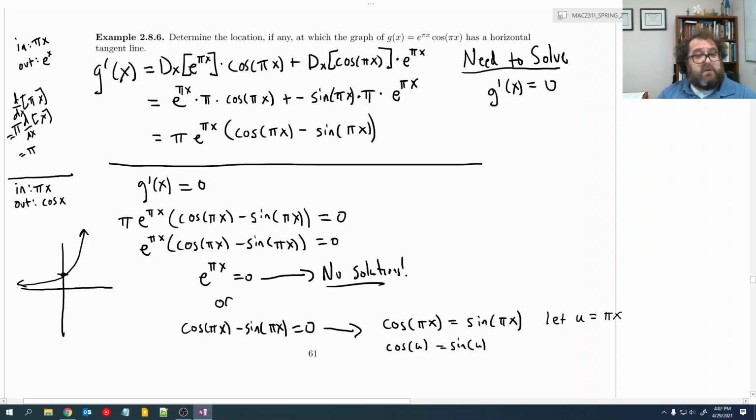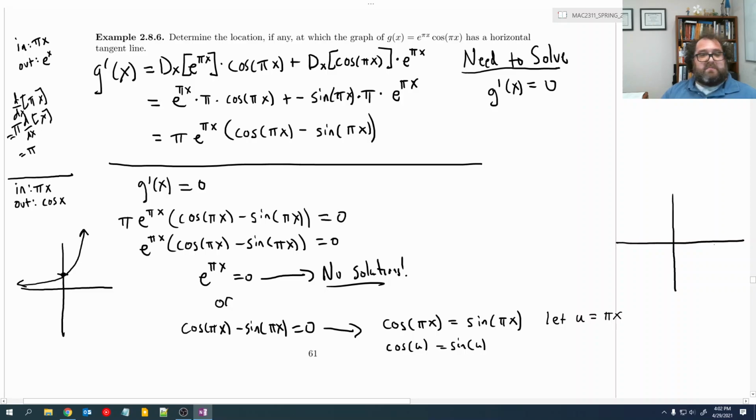We can solve for u now without the composite business using our unit circle. Then we can come back and solve for x at the end. So basically this is saying where's cosine equal to sine? And we did this problem a little while ago. If you think about your unit circle, where does sine equal cosine?